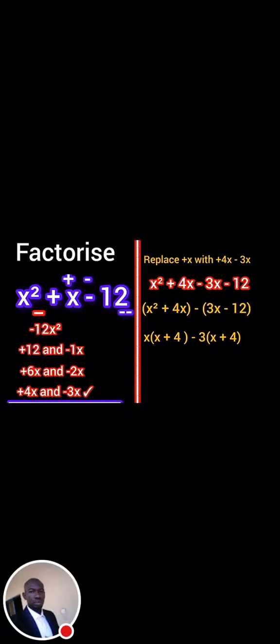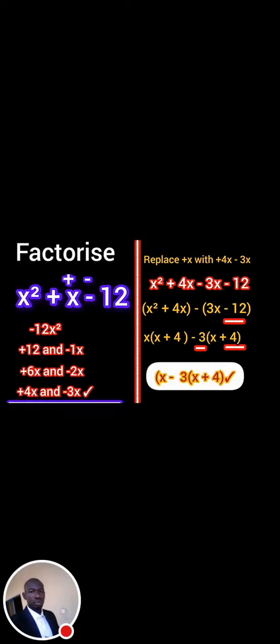Then we now have x. How do we get the plus 4? That is what? Minus 12 divided by minus 3. Then we now have what? Plus 4. Then we pick x minus 3 and we pick x plus 4. And that is the factorization of what? x squared plus x minus 12.